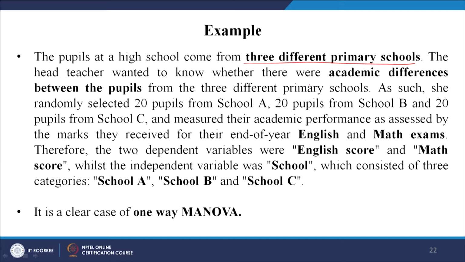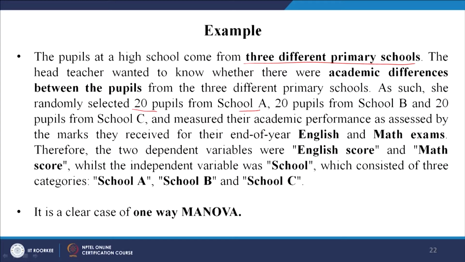Is there any significant difference between the results of students passing out from these 3 schools? As such, she selected 20 pupils from school A, 20 from B and 20 from C, and measured their academic performance.